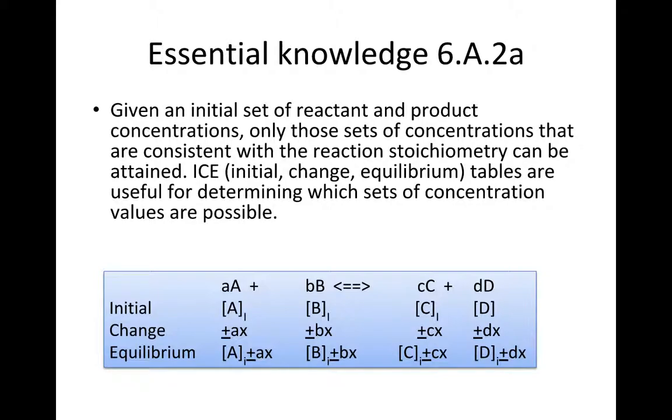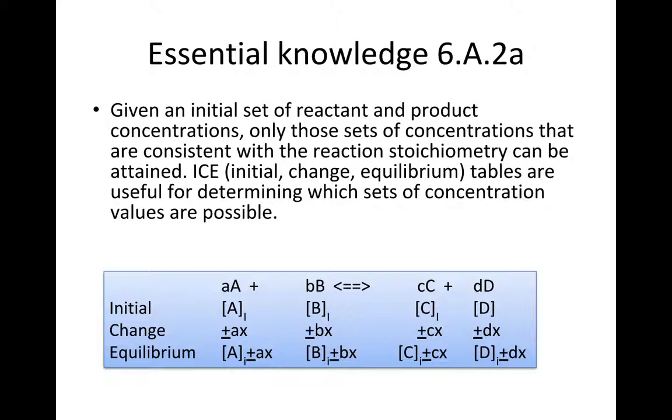For instance, it doesn't matter how much A and B and C and D you start with. When you shift to reach equilibrium, you have to shift based on the stoichiometry of the reaction. You can't shift the amount of A, B, C, and D without reacting all of the reactant and forming all of the product. You can't just move A over and call it C. You've got to move A and B over and call it C and D, for instance.